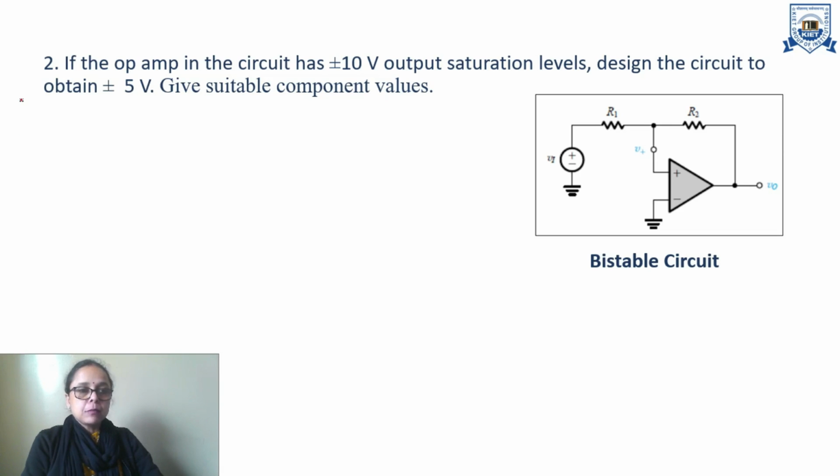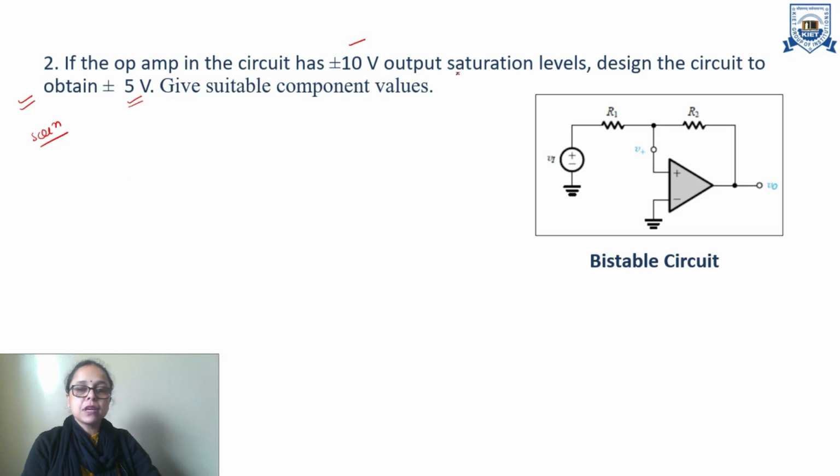Now another problem on designing a non-sinusoidal oscillator. Here the op-amp saturation voltage is given as ±10 volts, and the upper threshold and lower threshold voltages are given as ±5 volts.